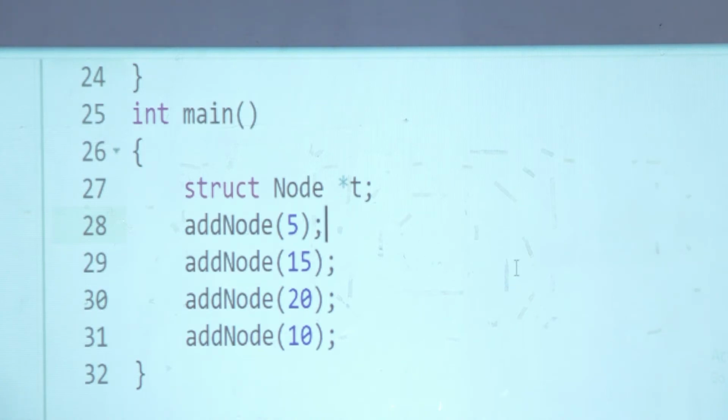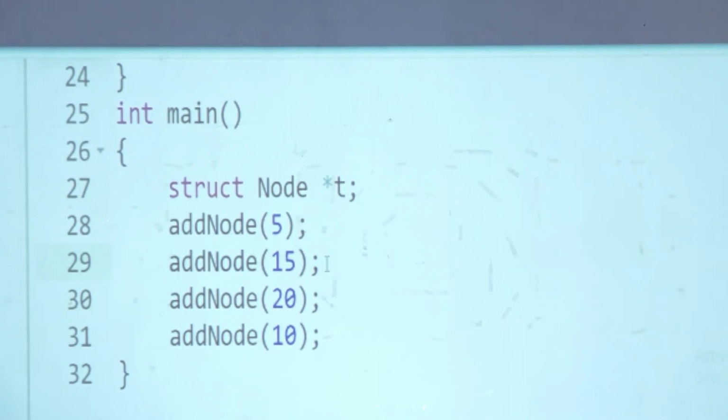Then on line 29, again a new node was created called 15. 15's next was made to point to the old head, which was 5's pointer, and the new head became pointing to 15. By similar argument, on line 30, there was already a head pointing to 15 and 5, that is, the list was 15 and 5.